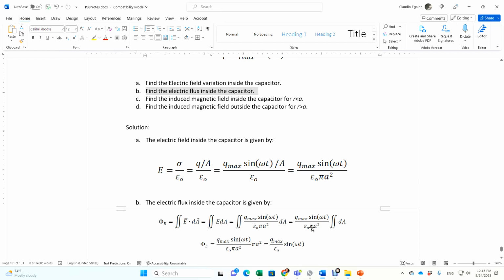And we are left with calculating just the area. Everything else here is independent of x and y, right? So we end up getting pi a squared. Pi a squared cancels out with pi a squared.